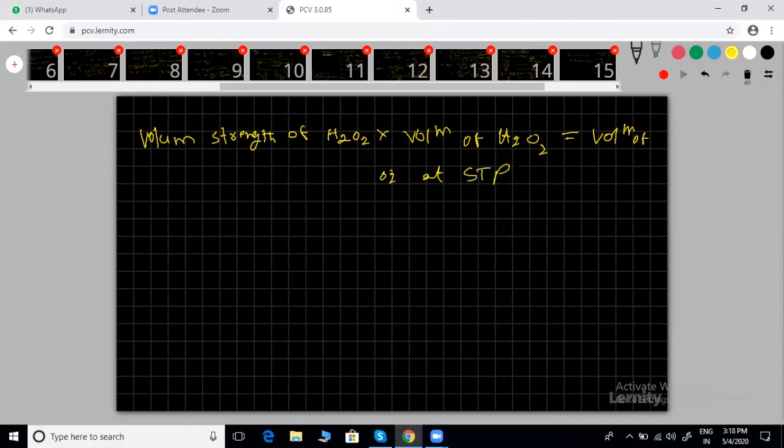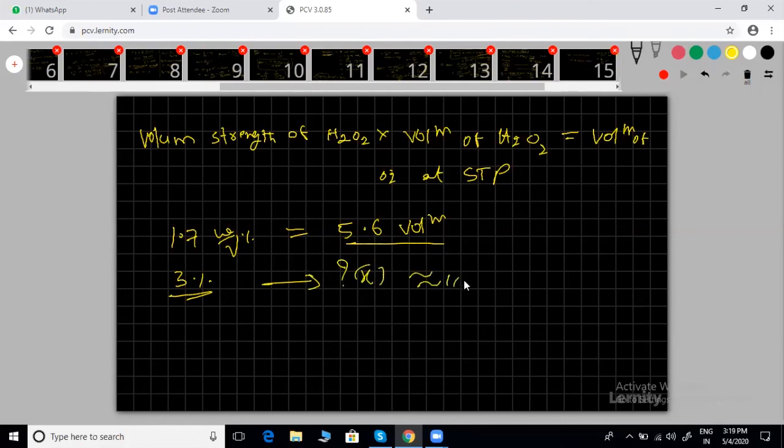I'm giving one more formula, right? Write this one more line. You can say that 1.7 W by V percent of H2O2 equal to 5.6 volume. I can say this is volume. This is okay. Suppose I am taking 3% W by V, equal to how much? X value can be calculated, we will get approximately 10 volume.